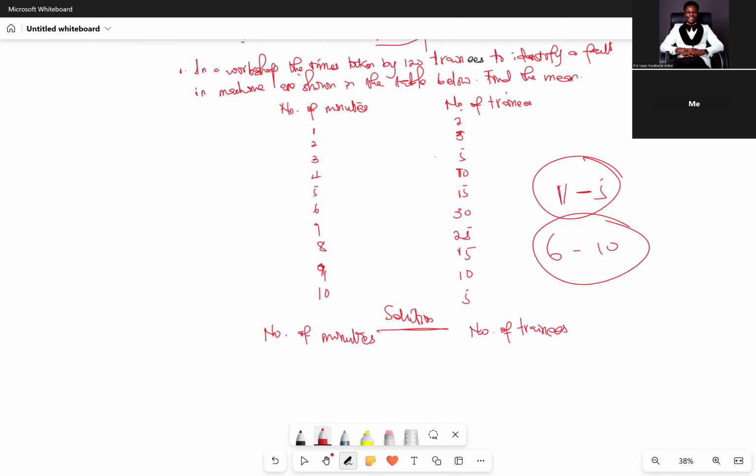If the numbers are there and they just say draw a frequency distribution table, you choose which table to do, whether grouped or ungrouped. Pay attention.